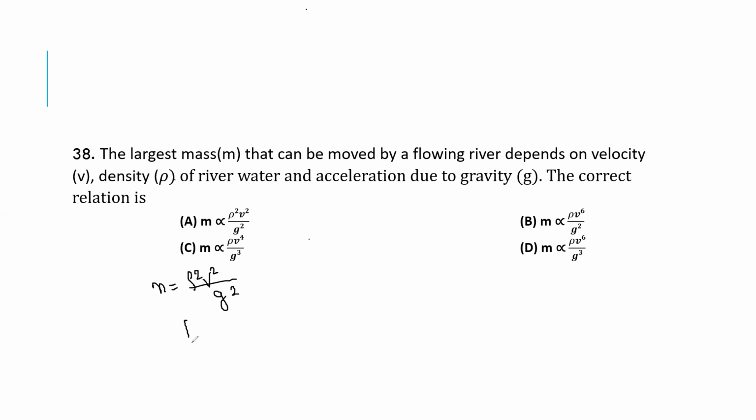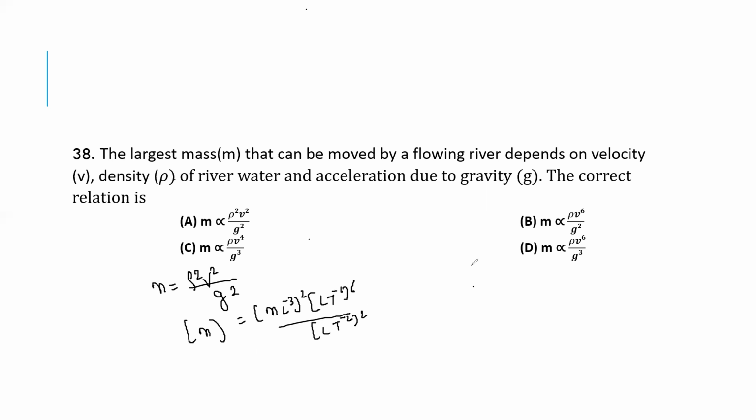The dimensional formula for this is M equals rho square, which will be M L raised to minus 3 whole square, and v square will be L T raised to minus 1 to the power of 6, divided by L T raised to minus 2 to the power of 2. If you simplify this, we are not going to get only M. So dimensionally it is not correct. Similarly, you can substitute for the second, the third, and the fourth also.